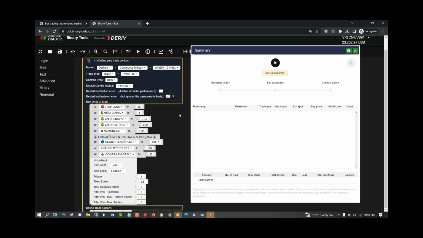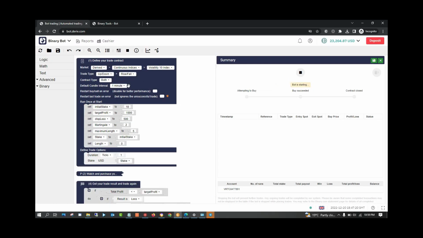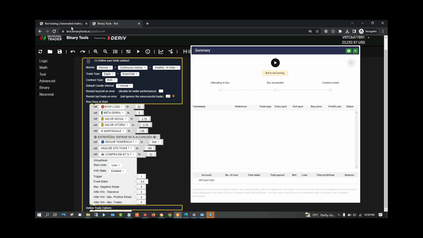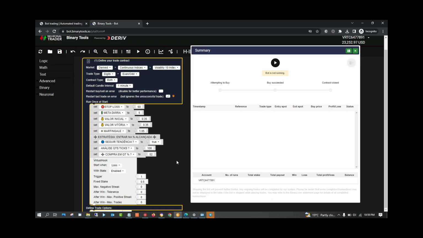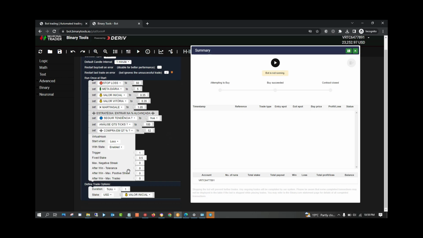Okay, but this is not like this one here, which is DERIV.com, but this one is binarytools.io. What binarytools.io has is something that DERIV doesn't have, right? So this one has a virtual hook, as you can see here.